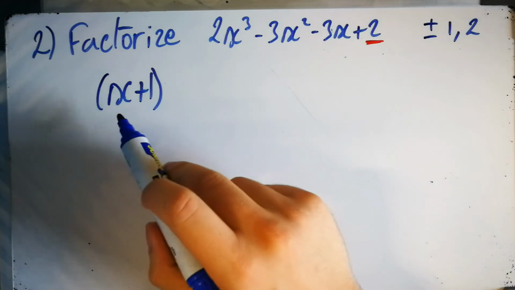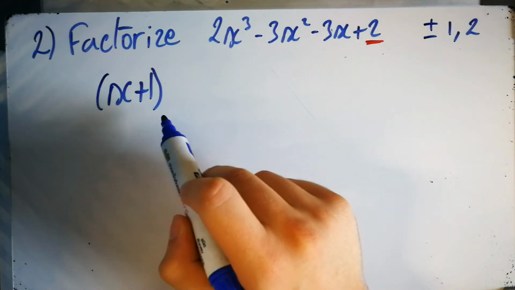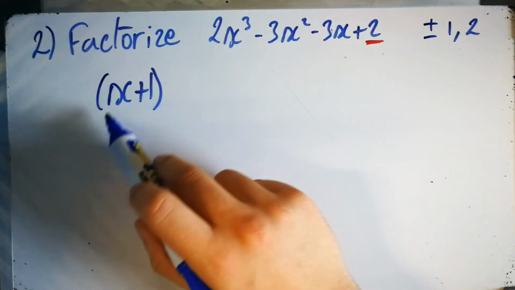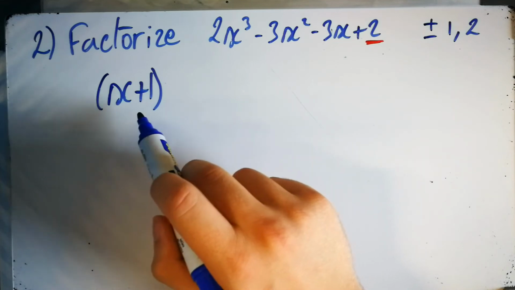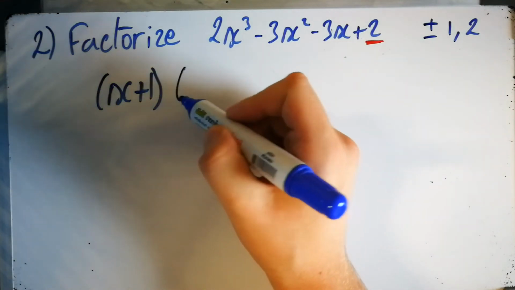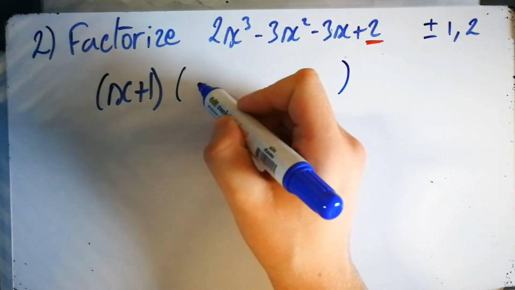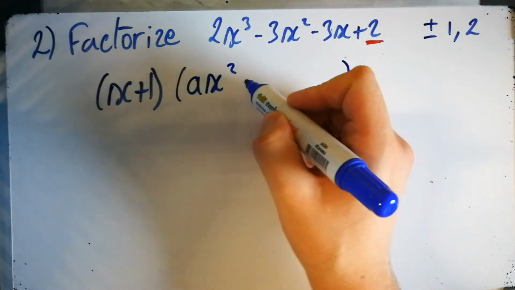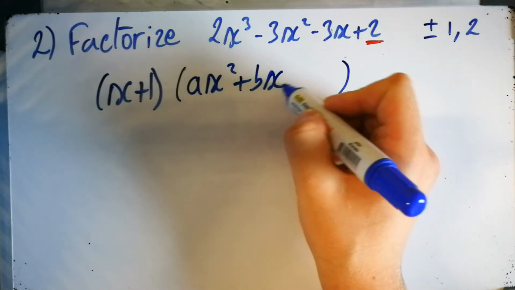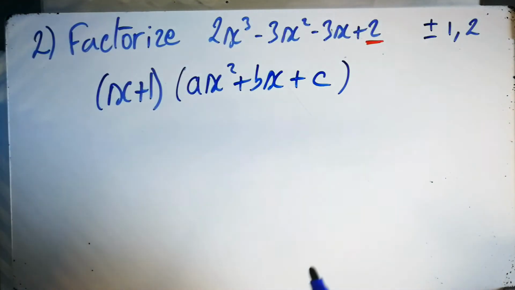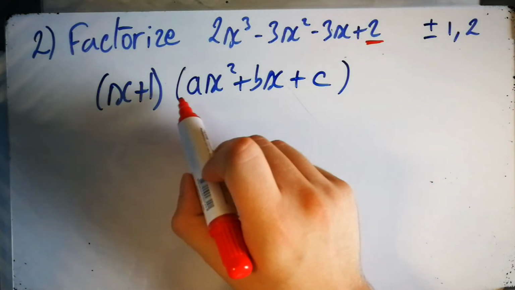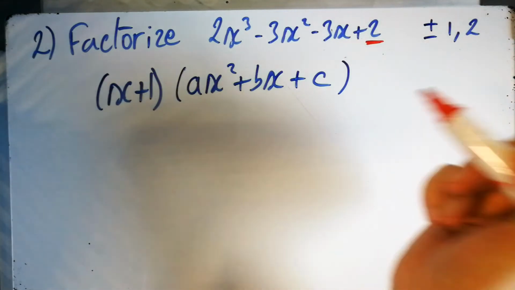Now that we identified that x plus 1 is a factor, to get a cubic, we need to multiply this linear factor by a quadratic. So ax squared plus bx plus c. The goal now is going to be to find a, b, and c.